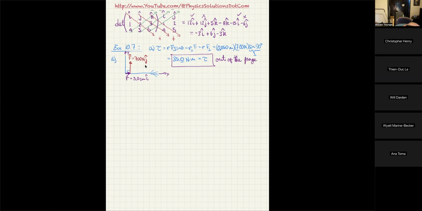Now, the other example was part B, and in that case, we had the upper arm pointing upward, and then we had the lower arm down at an angle of 30.0 degrees, like this. So there's your hand. And we still have 5 centimeters away.